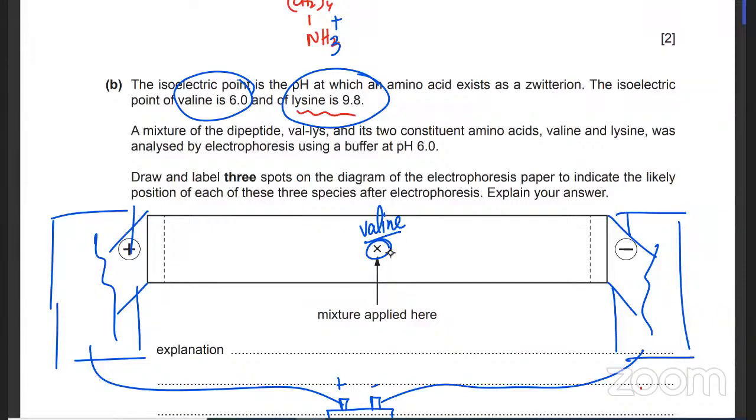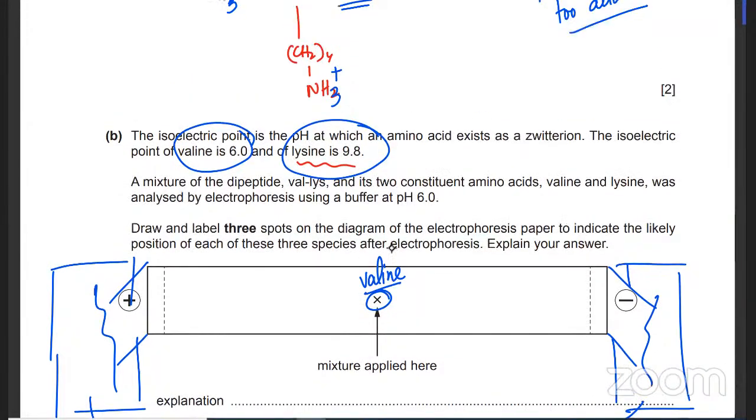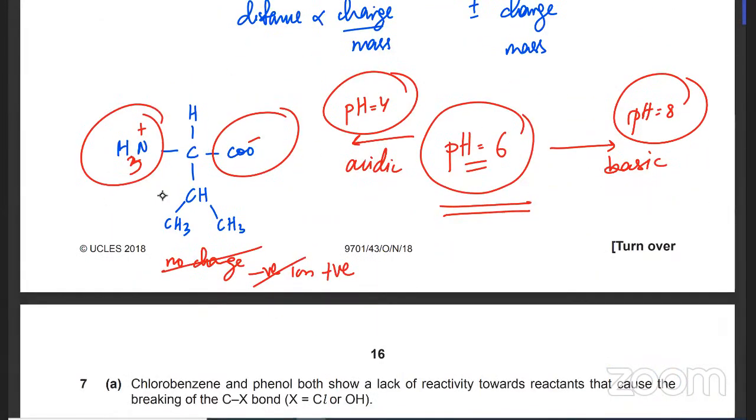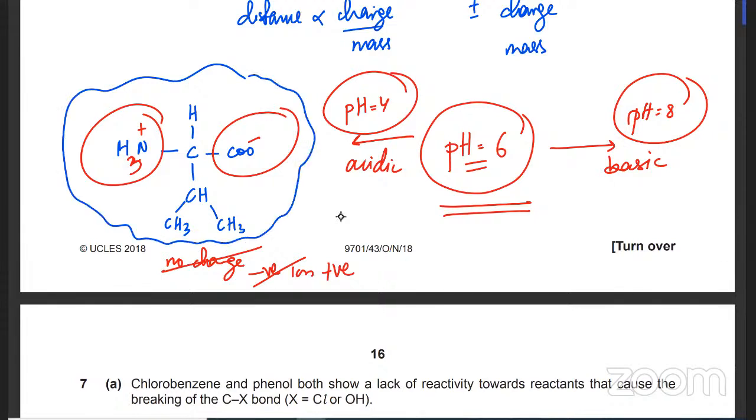Is that clear? Sir, but in this zwitterion we have two positive charges and only one negative charge, so won't there be an overall positive charge? No. Valine is this one. Sorry. If that were the case, then in that case there will be an overall charge.